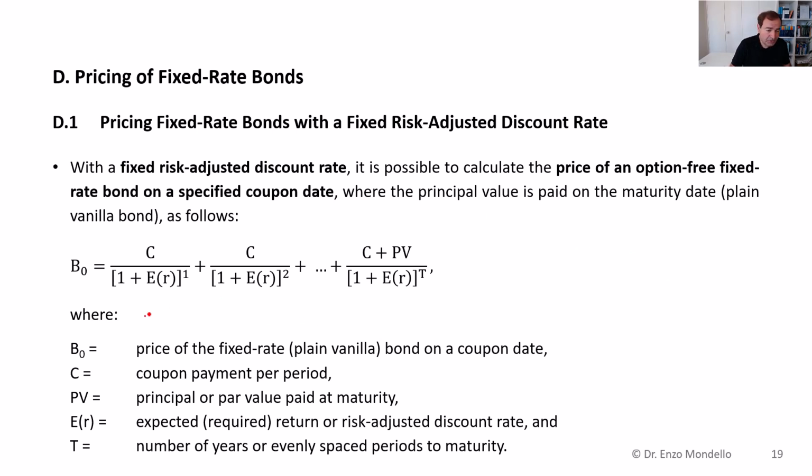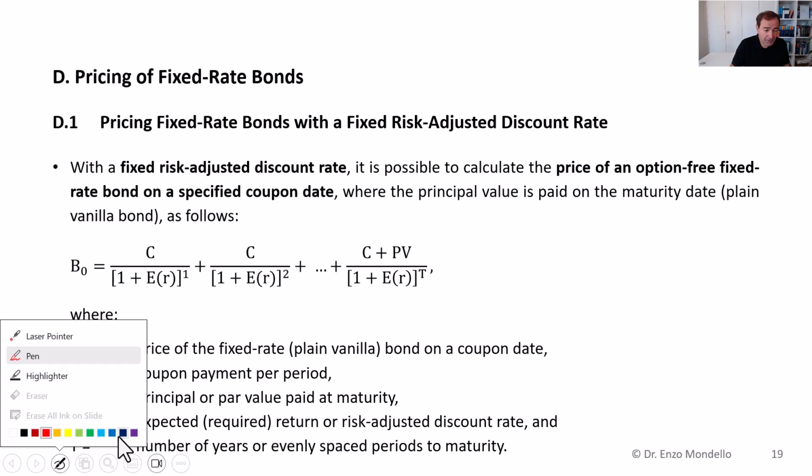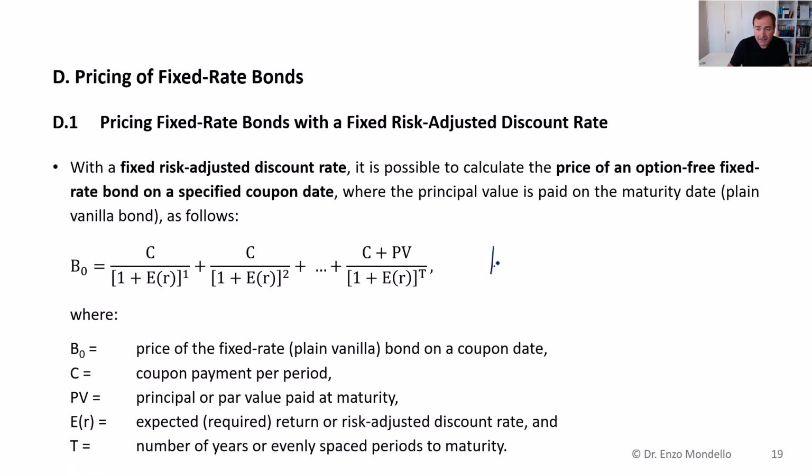To visualize the calculation, I can draw a timeline, and according to the timeline, we have years or evenly spaced periods. So let's take years. We are here today on the valuation date, then here in 1 year, in 2 years, and so forth. And then at maturity, we are at point T.